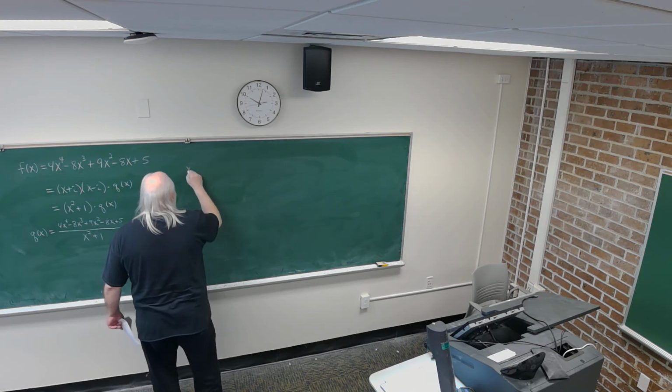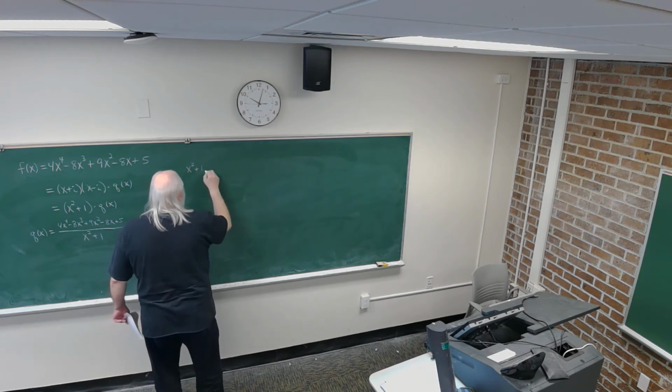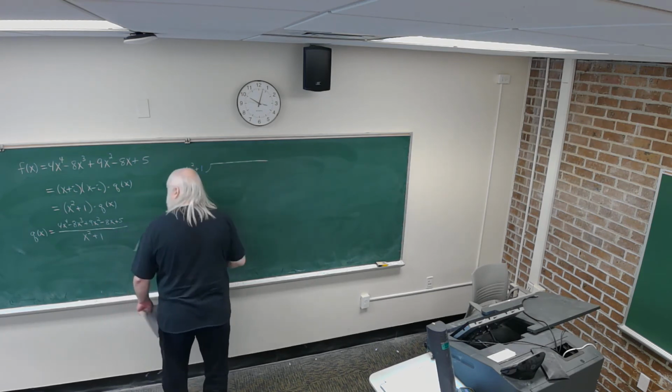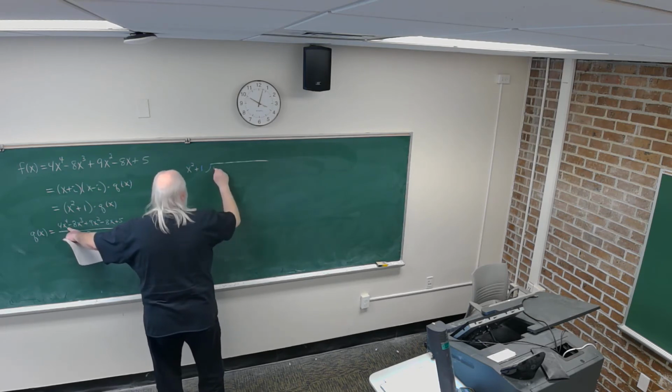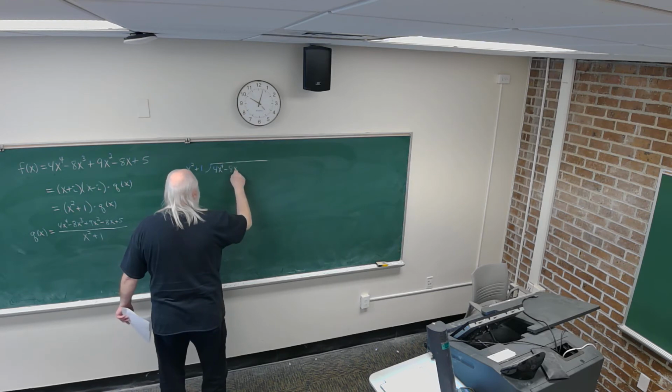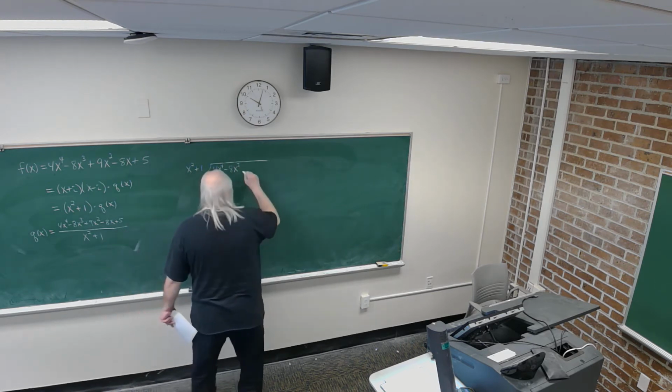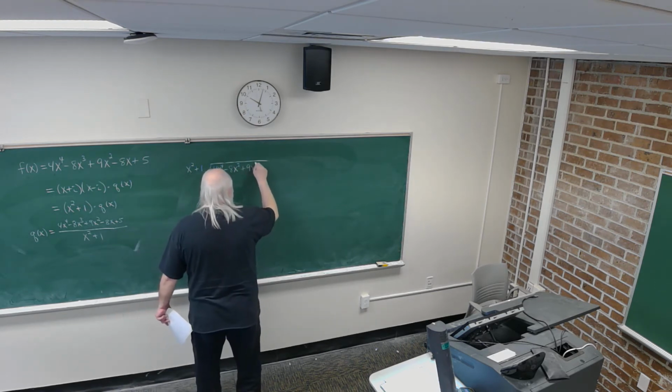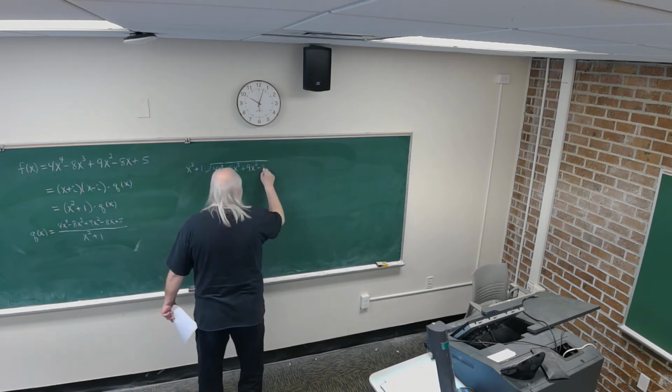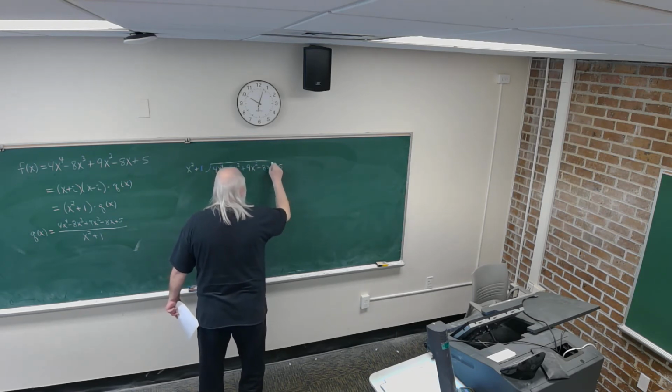So we have to divide x squared plus 1 into 4x to the 4th minus 8x cubed plus 9x squared minus 8x plus 5.